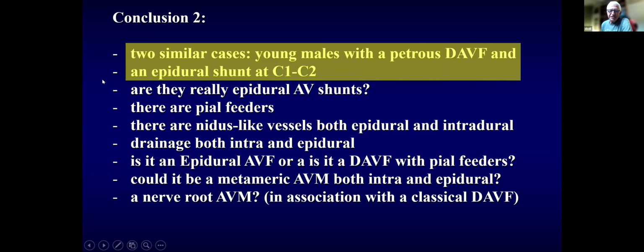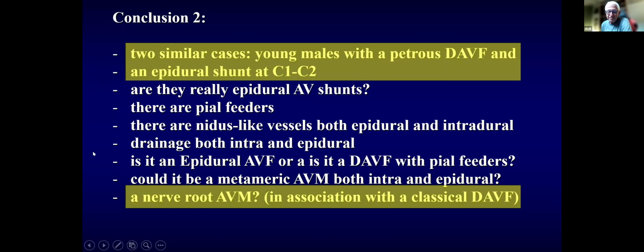So I think the interesting thing here is that they both had a petrous dural AV fistula associated with an epidural shunt at C1, C2. And I really prefer to think that it could be an AVM more than, whatever. So do you think this is interesting? Ciao.